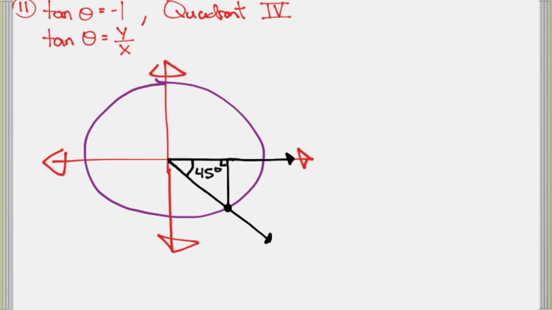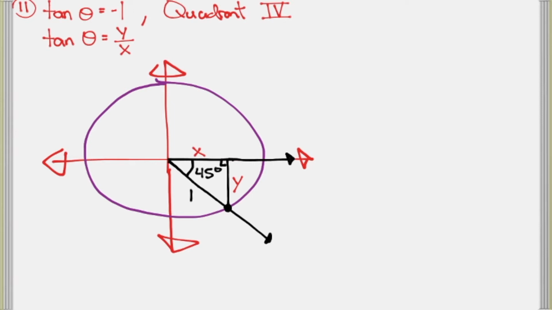Then we know the hypotenuse is 1 here, and if we're finding tangent of theta, we're doing y, which is here, over x, which is there. We know that the cosine of theta is equal to your x value, and the sine of theta is equal to your y value.